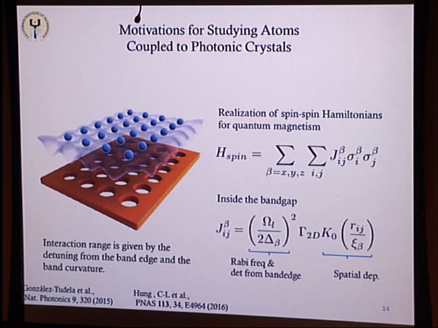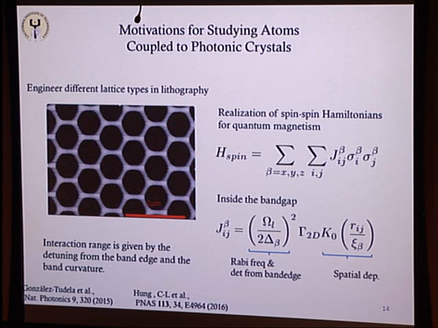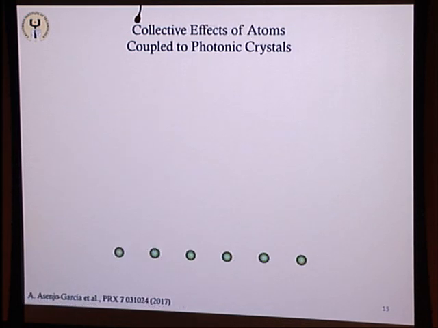But essentially, all of these factors come from the structure themselves. So you're able to engineer the structure to do what you would want in these systems. Another thing is it doesn't just have to be square lattices. You could make hexagonal lattices, triangular lattices. It's really limited by the lithography that you're able to do in the nanofab.